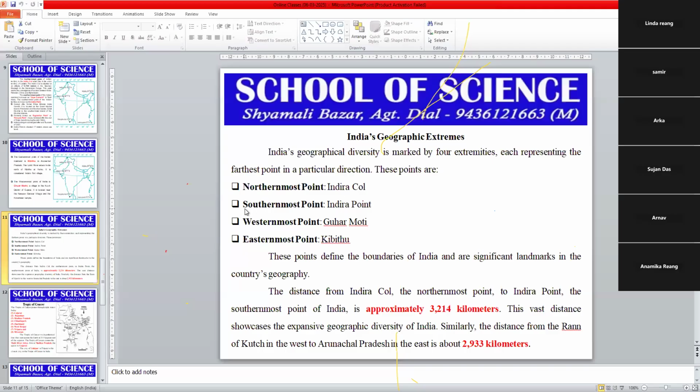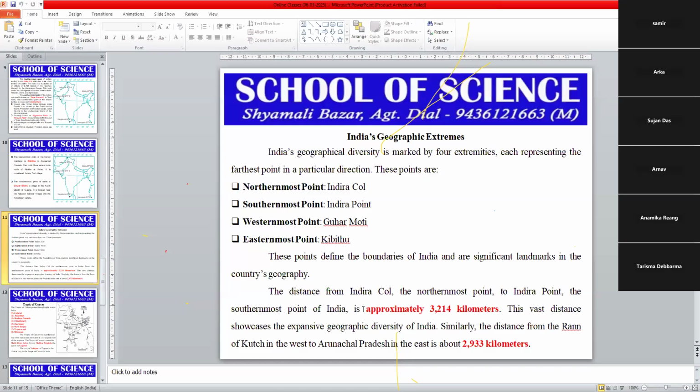Then second question is, what is the southernmost point of India? You will say Indira Point. Then they will ask, what is the westernmost point? It is Ghuar Moti. And what is the easternmost point? You will say Kibithu. These points define the boundaries of India and are significant landmarks in the country's geography.